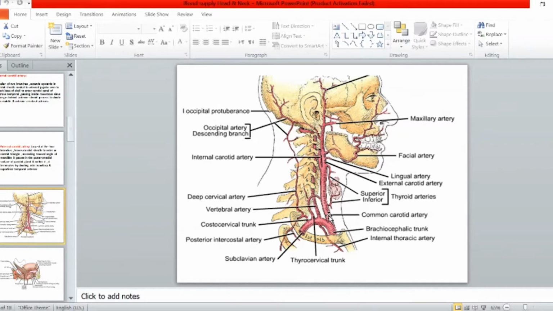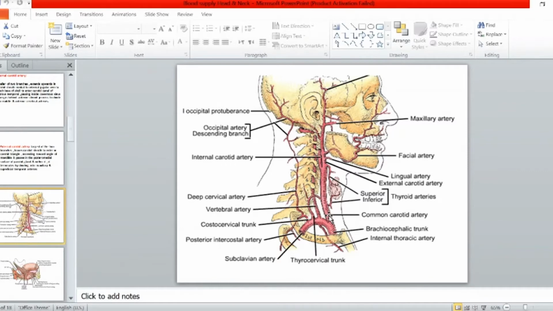From behind the sternoclavicular joint, both pass upward into the neck and enter the carotid sheath, accompanied by the internal jugular vein and the vagus nerve between and behind them, with the internal jugular lying lateral to the artery.